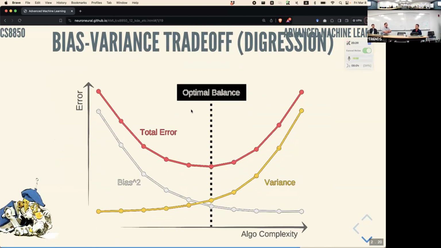And what statisticians observed, when training statisticians, machine learners, everyone until the neural network deep learning revolution and the paper by Belkin, is this. If you take a small model with few parameters, the error will be high because the model is unable to capture the regularities in the data.